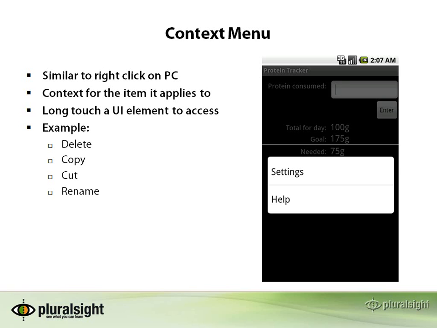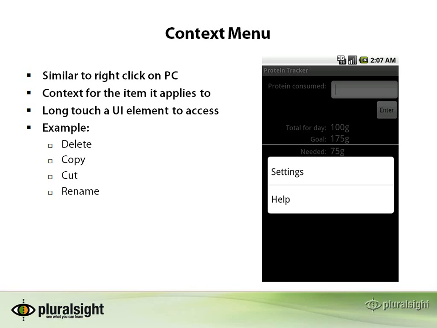So it's very similar to right-clicking on an item on a PC or a Mac and getting that context menu where it has menu items that are specific to the thing that you've clicked on. Same thing here in Android, except it's a long press on a button.